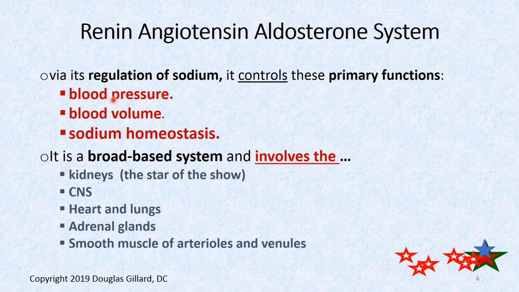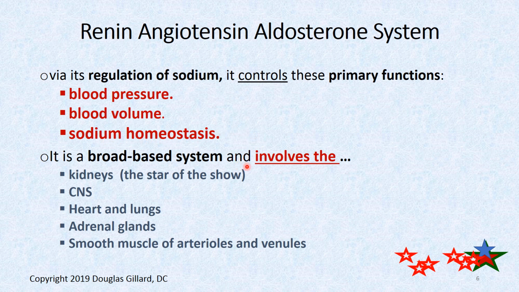If you control sodium, you control blood volume. We'll get into how all this works. I'm just hitting this because of aldosterone, right? That's a hormone. That's my domain. There's a bunch of them, right? ADH and stuff. Therefore, it also controls sodium homeostasis.